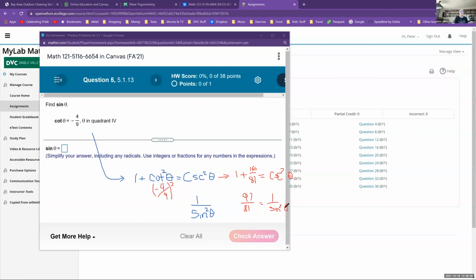So now I want this in terms of sine. So I would flip both sides because I've got sine in the bottom and I don't want that. So I would flip both sides, and that would give me that sine squared is equal to the flip of 97 over 81. So that becomes 81 over 97.